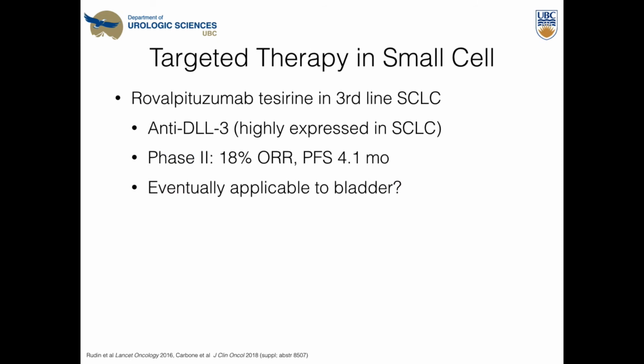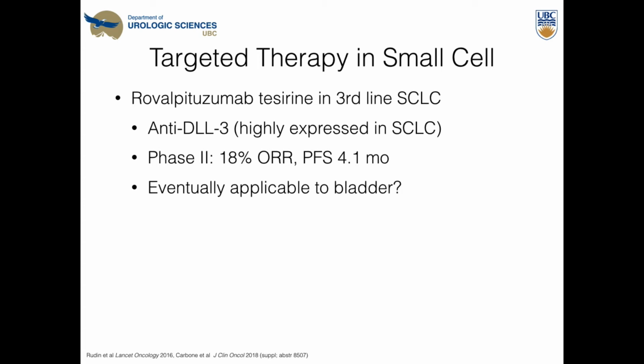In terms of targeted therapy in small cell cancer of the bladder, there isn't anything specifically for bladder. There are a lot of markers being explored in small cell of the lung, excuse me, but unfortunately there hasn't been a lot of success yet. Recently, there is one new drug, receptor targeting, that has published phase 2 data.